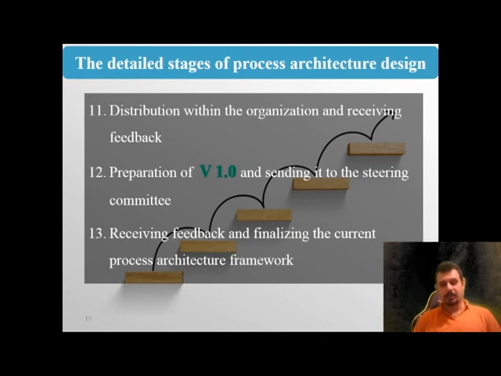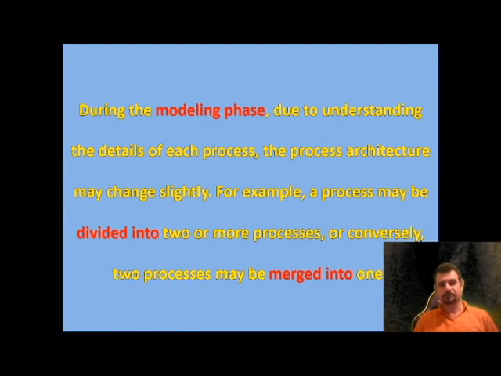The next step, you should prioritize the processes and model the processes. But one important point: during the modeling phase, due to understanding the detail of each process, the process architecture may change slightly. Not important, and don't worry about that.